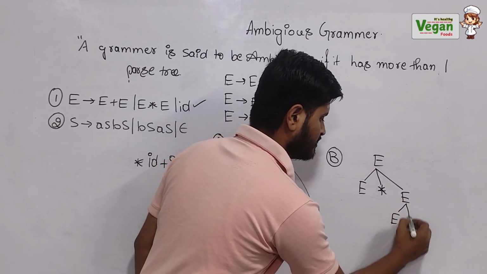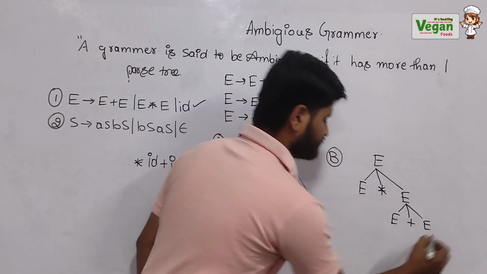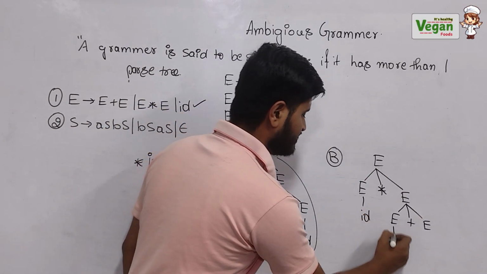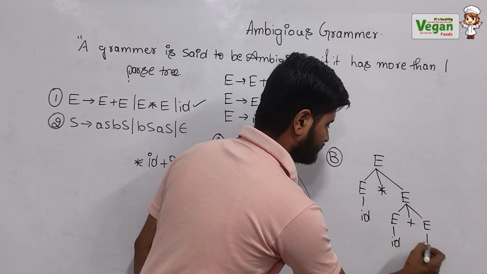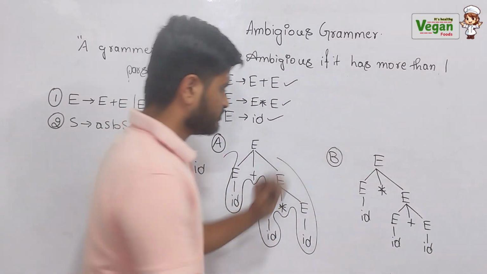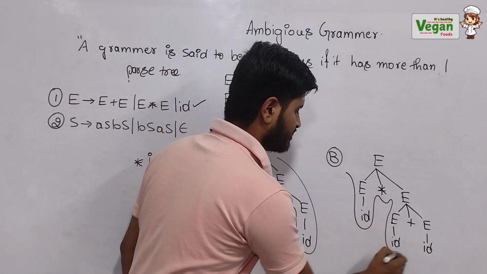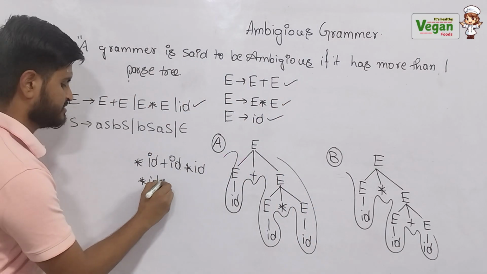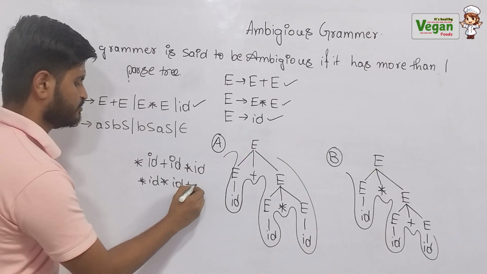So E plus E, and E producing ID is left. Wherever E is at the leaf node, write ID there. So travel from left to right: ID star ID plus ID.